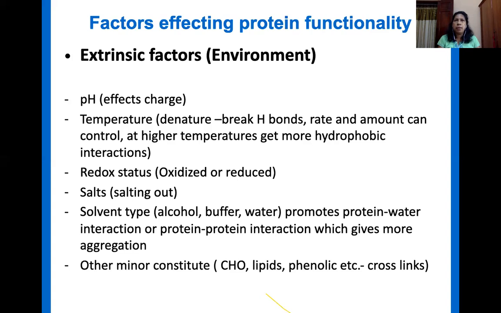Once you heat it, the water will definitely be removed, because hydrophobic interaction increases. Therefore it does not support solubility, so the bonding breaks down and the water is removed from the system. Once you heat it, you can see the water going out. That is the temperature effect.